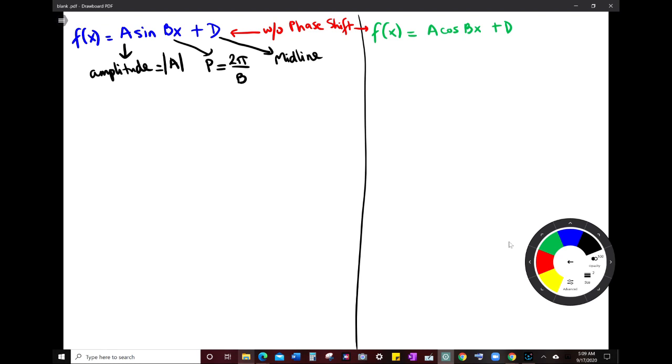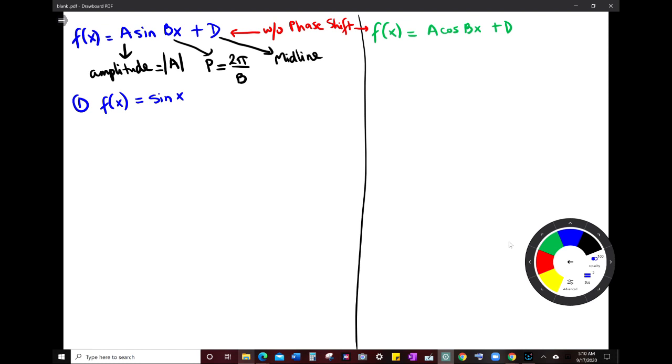Alright, so let's start with the first example. So f of x equals sine x, we already learned this one, and we will try to make a table.